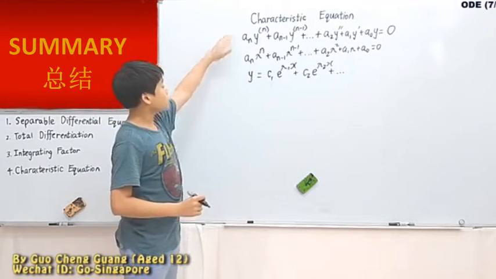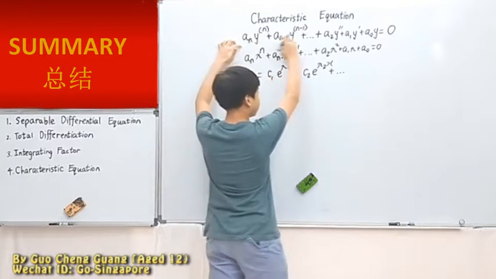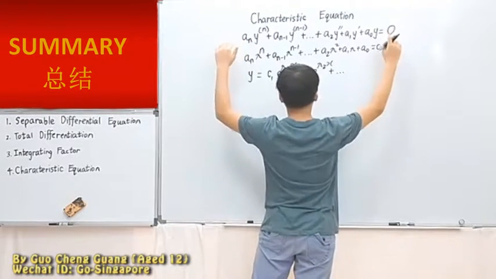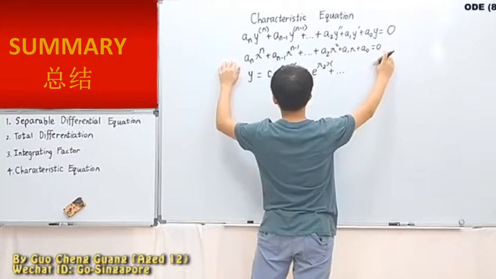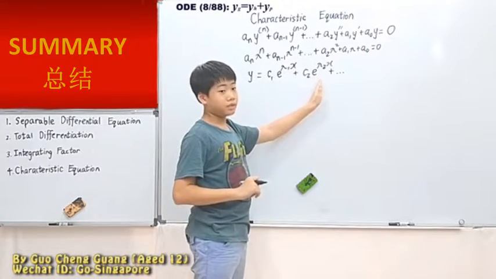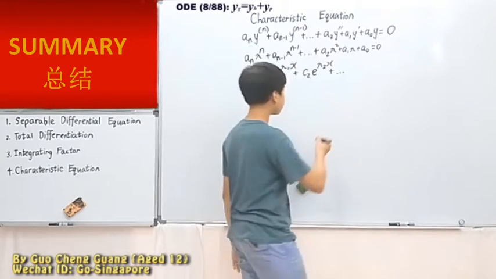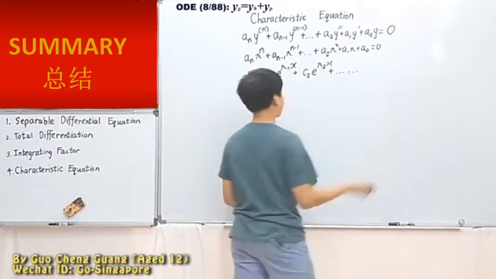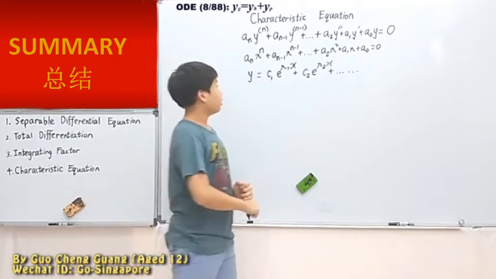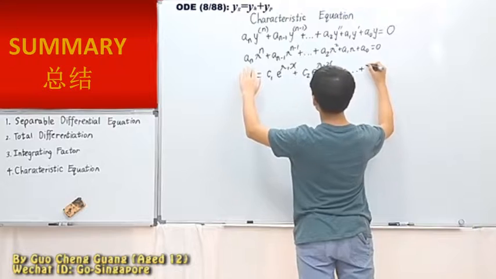First of all, this characteristic equation is actually just changing from this differential equation into an algebraic equation. After you solve this algebraic equation, then you put it inside here. It just keeps on going on and on.